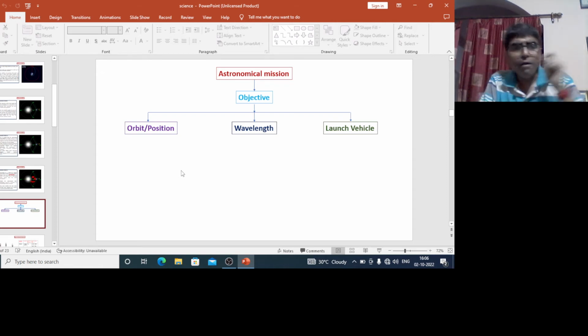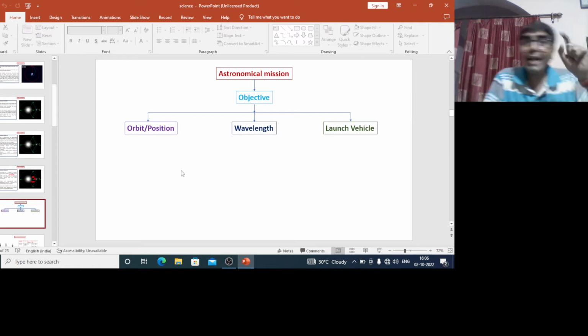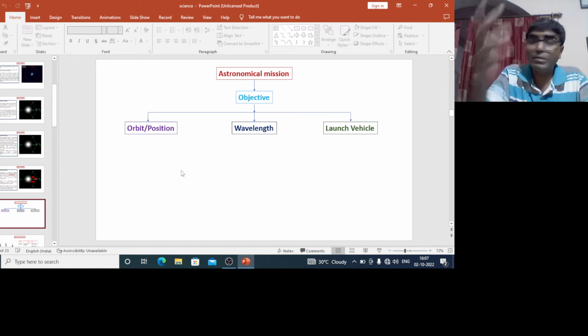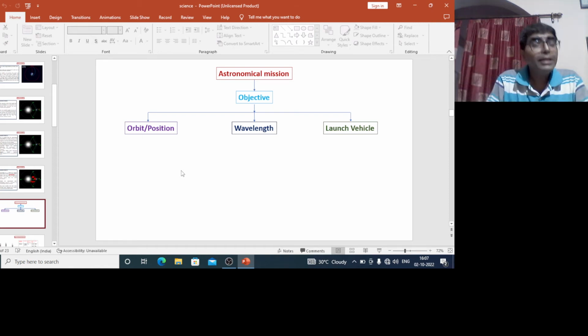First is the orbit: in which orbit it will be going, whether the low Earth orbit, the geostationary orbit, or the high Earth orbit. The Aditya mission is in a high Earth orbit.